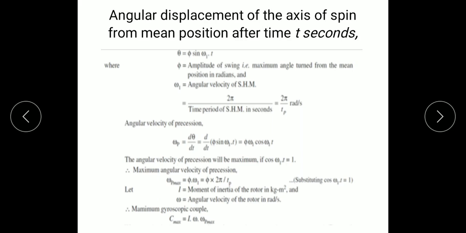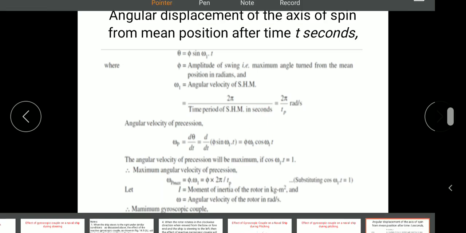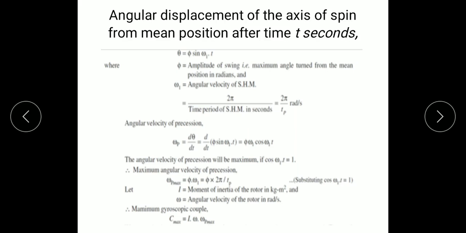Here we have to differentiate sin omega 1 t with respect to t. Phi is a constant value, and differentiating sin gives cos. Then we again differentiate omega 1 t with respect to t, so t gives 1 and omega 1 remains. So we get phi into omega 1 into cos omega 1 t.